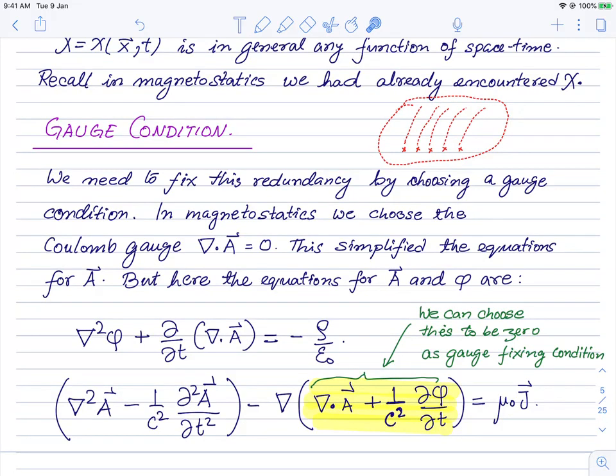So in order to solve this problem, why am I saying this problem? What we want to achieve is to describe physical situations, and there has to be a one-to-one correspondence between the solutions of the scalar and vector potential and physical situations.